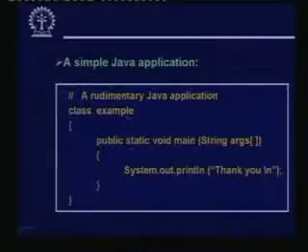There is a class called example, and within that class there is a single method called main. For a Java application, there has to be a method called main. This is mandatory. But we will see here there is a little difference from a Java applet. In a Java application, we must have a method called main.